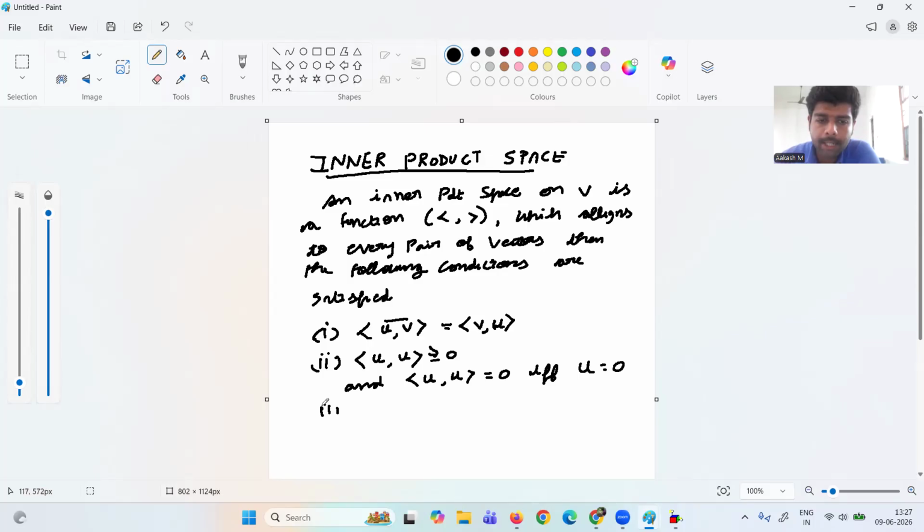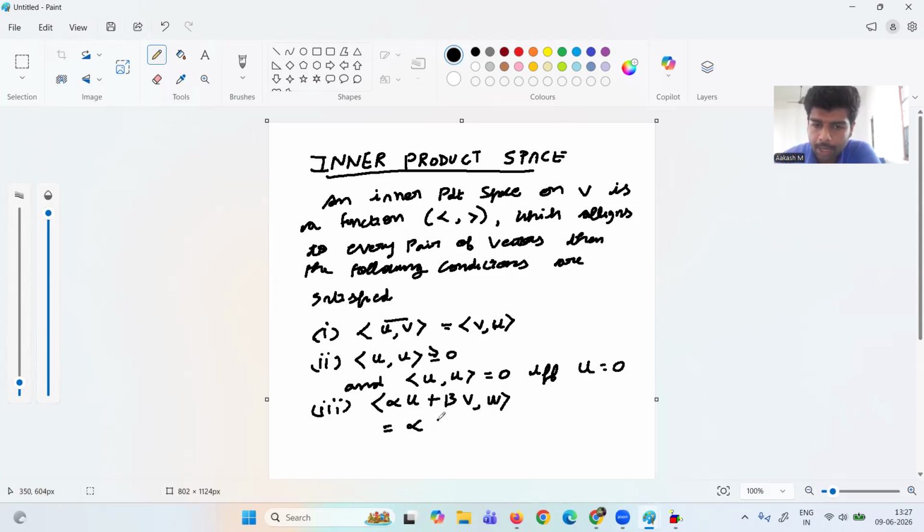Final one, third: inner product of alpha U plus beta V, W. Two scalars are there in this.